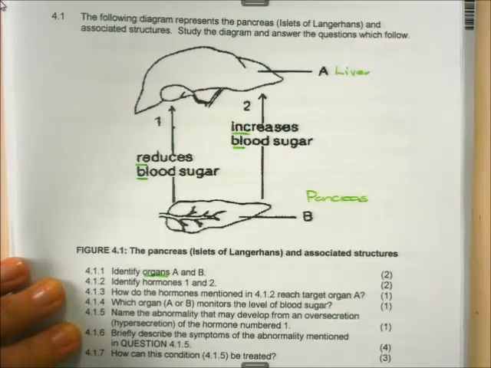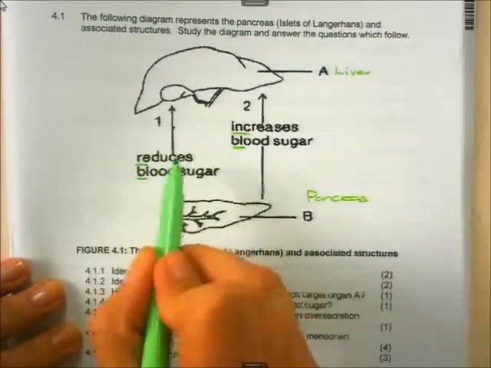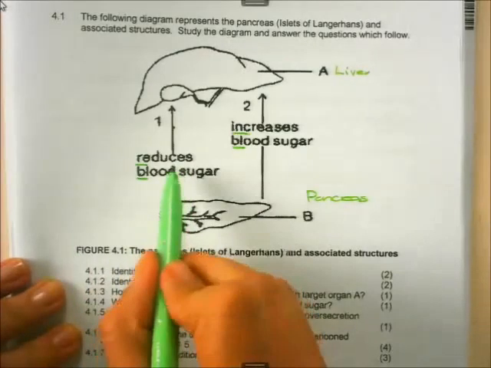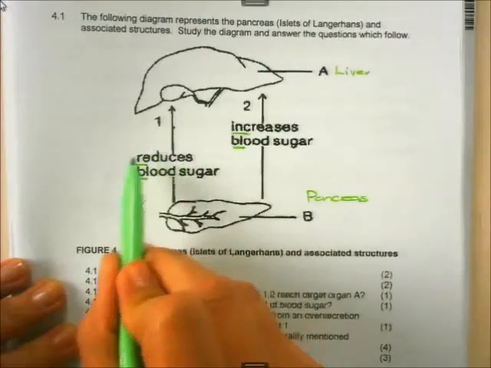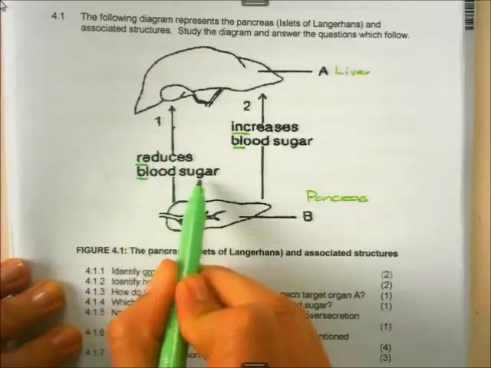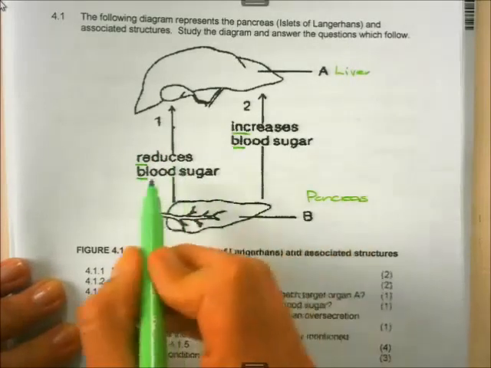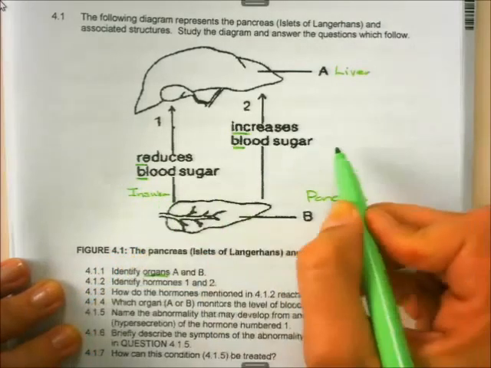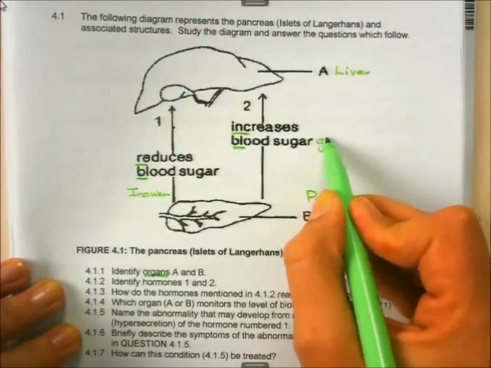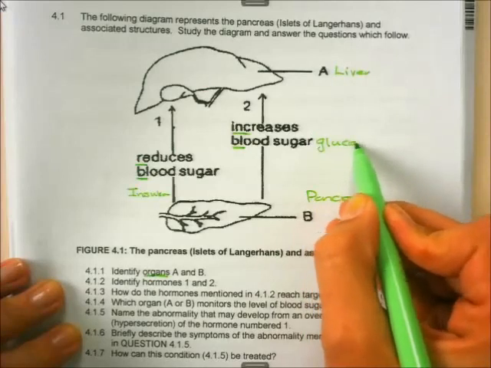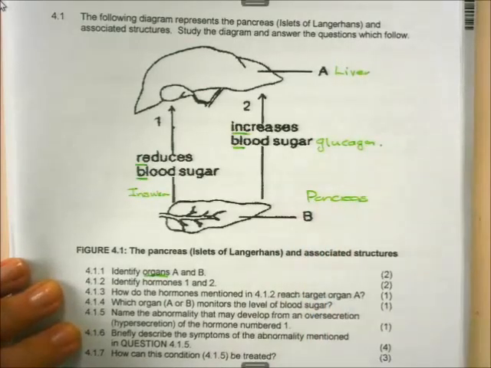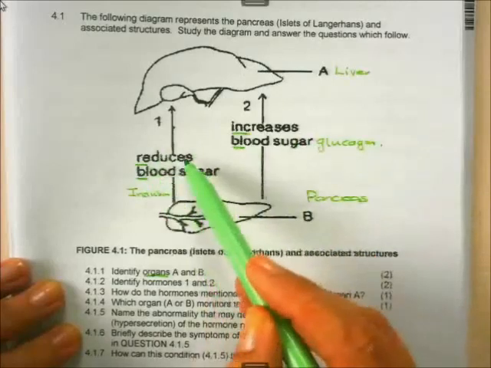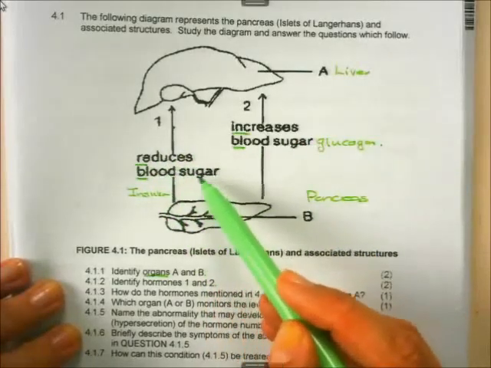If the blood sugar is high, what hormone reduces the blood sugar level? That is insulin. And the one that increases the blood sugar level is glucagon. You get confused because this is the function, reduces blood sugar levels.